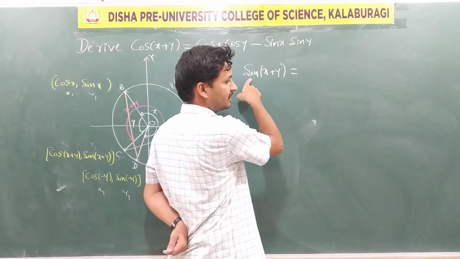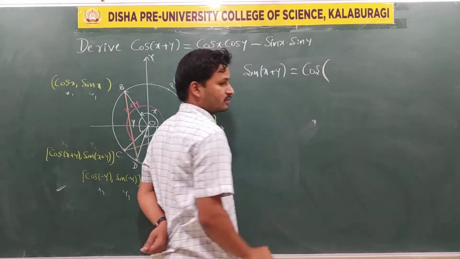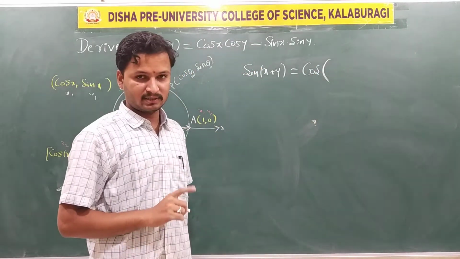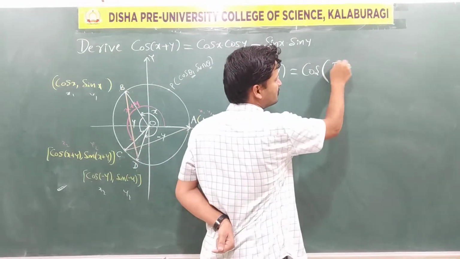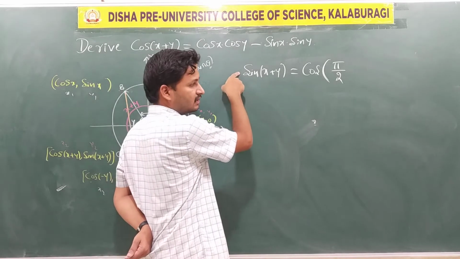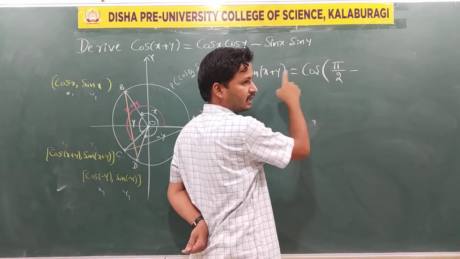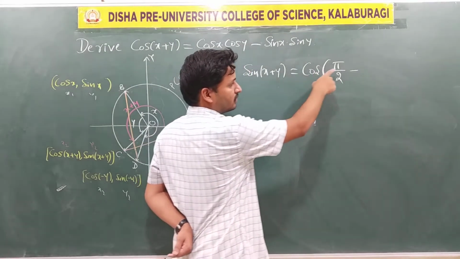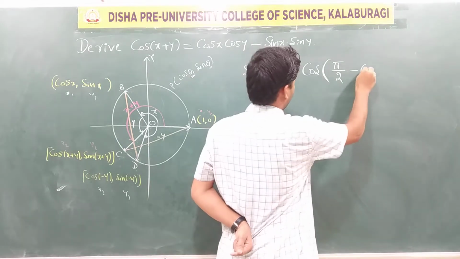So sine is there, and we need to write in terms of cos, means definitely the ratio changes only for 90 and 270 degree, correct na? So here I will write cos of pi by 2. Here sine is positive, correct na? So pi by 2 minus, where sine is actually positive, either first or second quadrant. So here I will take the first quadrant, that is pi by 2 minus x plus y.